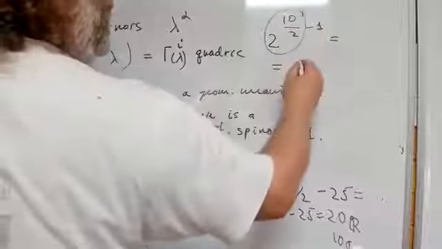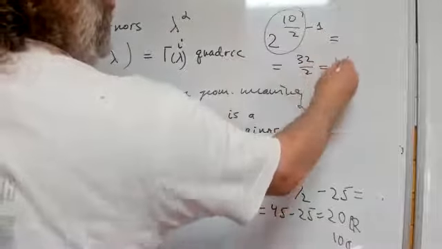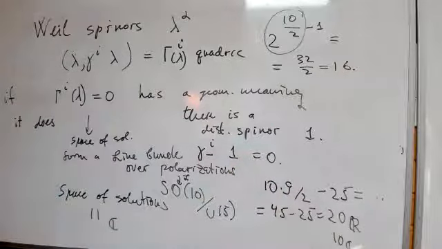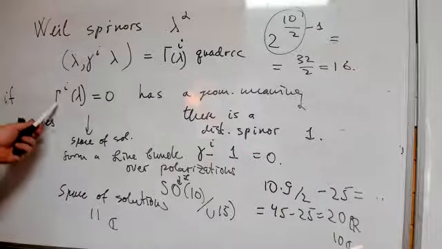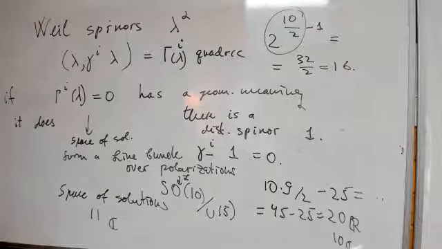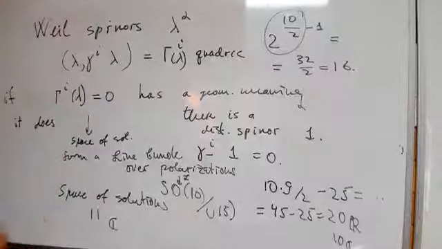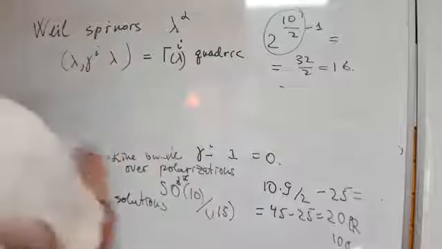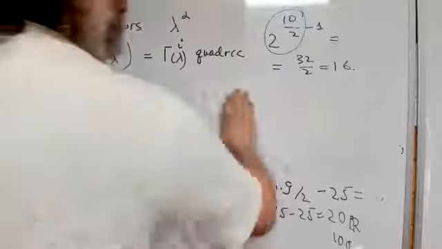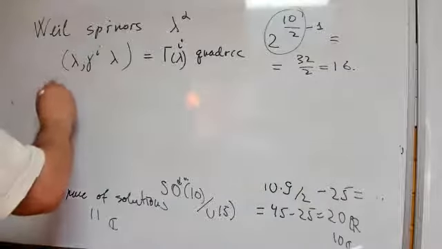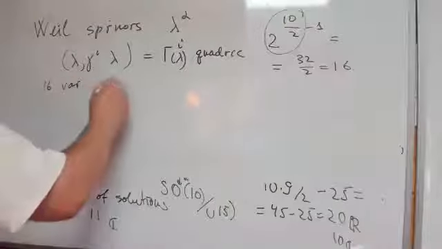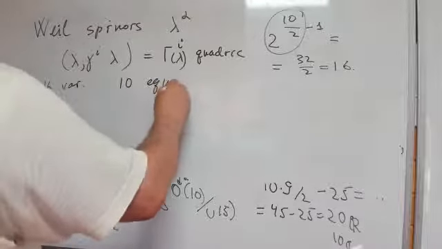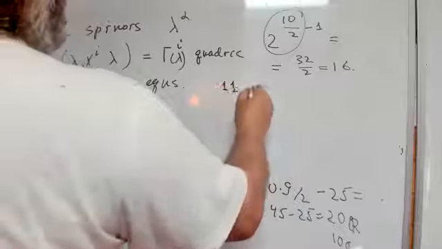So this is 32 over 2, it's 16. So we have an overdetermined system of equations: 16 variables, 10 equations, one-dimensional space of solutions.